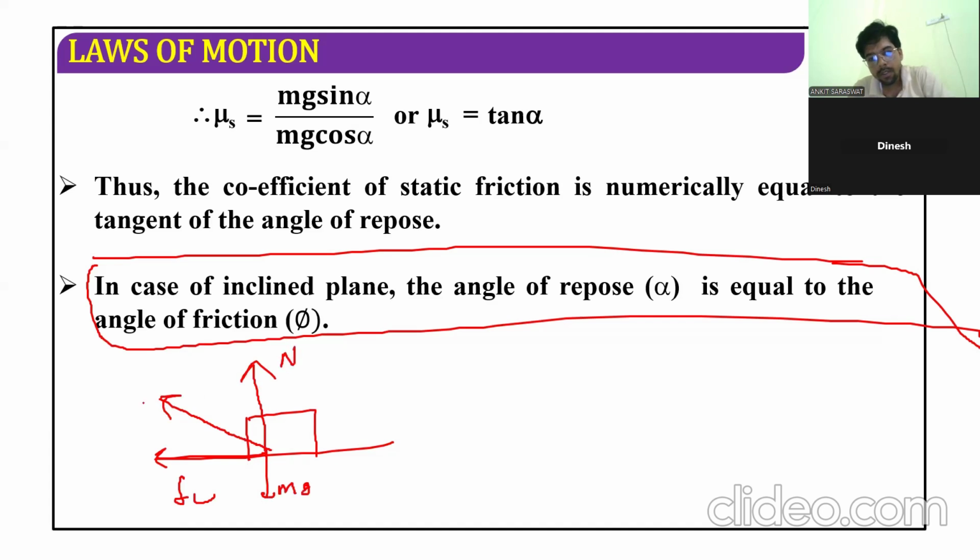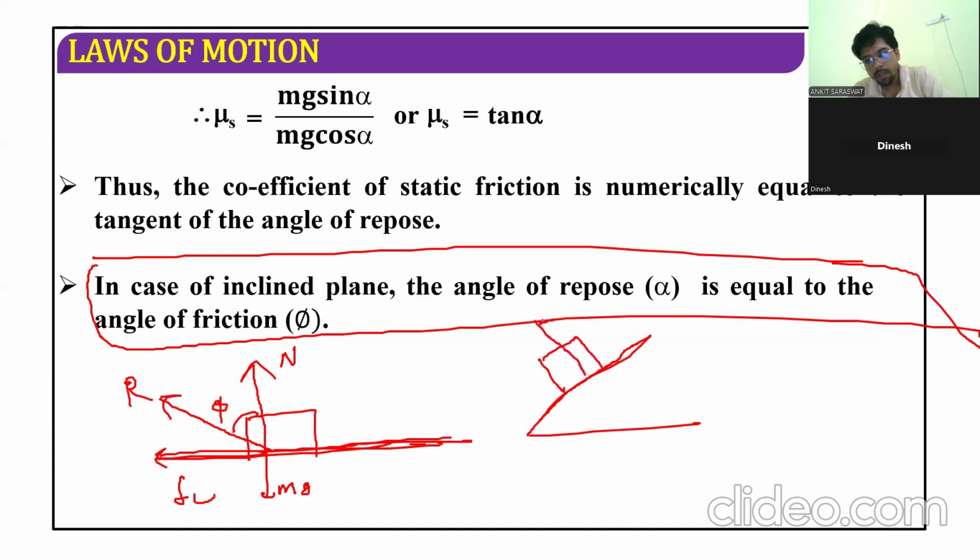This is R. This is the angle of friction. But if you make the surface inclined like this, then if you look carefully, the normal is this and gravity is perpendicular like this.